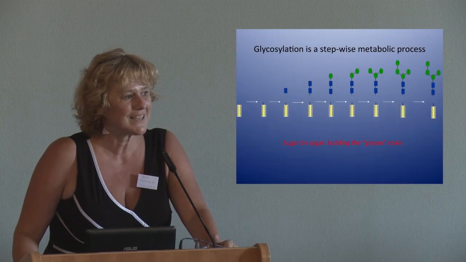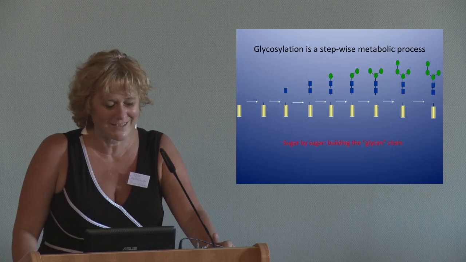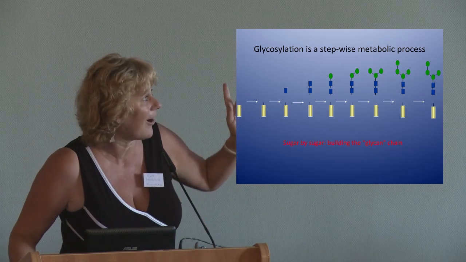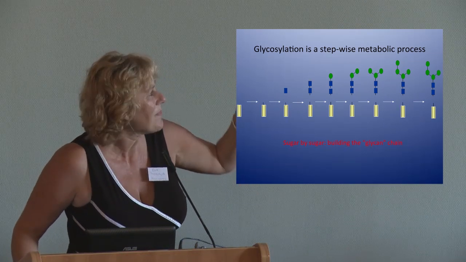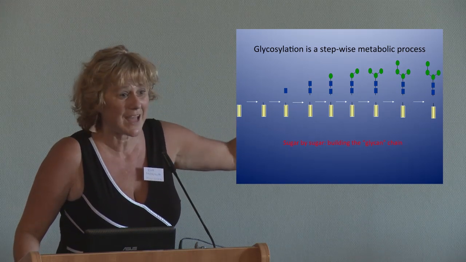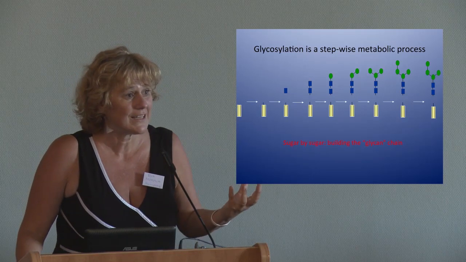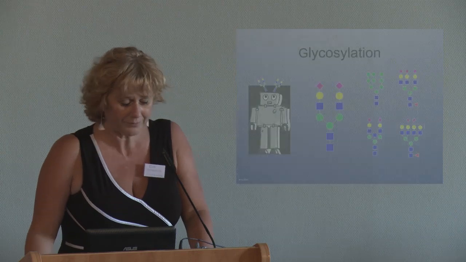So glycosylation is a stepwise metabolic process. And as you see, these little lipid arms are there to catch your sugar and make your wonderful sugar tree. And each step is an enzyme.